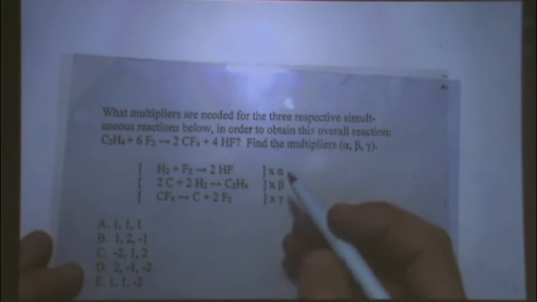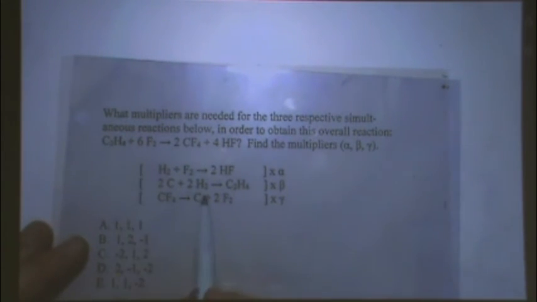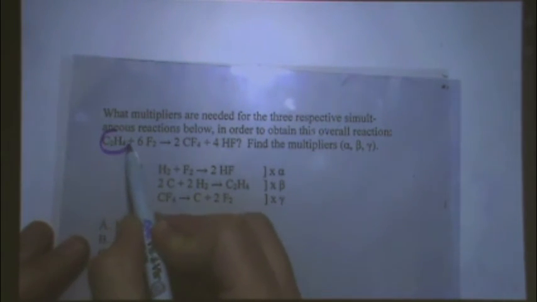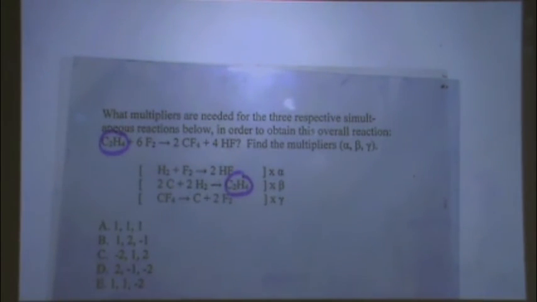Okay, so here's what I'm going to do. Strategy 1. I'm going to find something in the overall that appears only once down here. So let's try, I'll put a circle around C2H4. It appears once in the overall and once in reaction 2. There's 1 in the overall on the left-hand side.